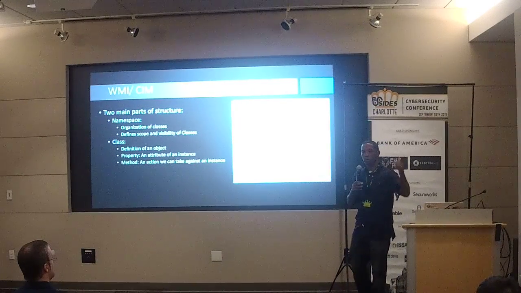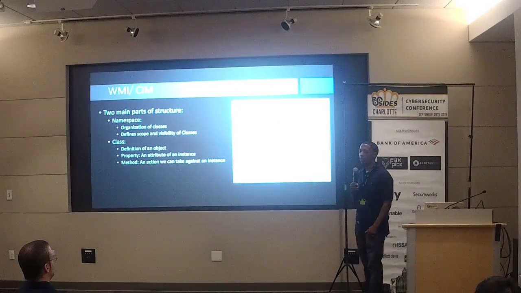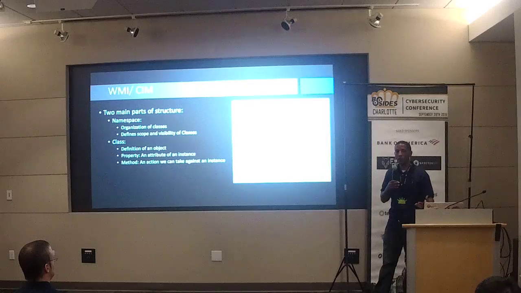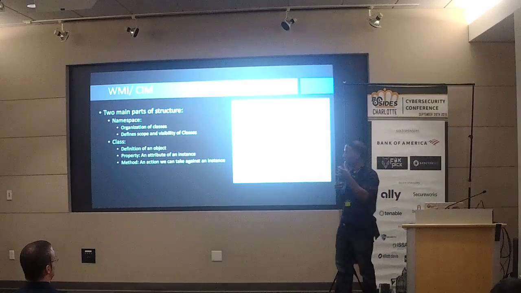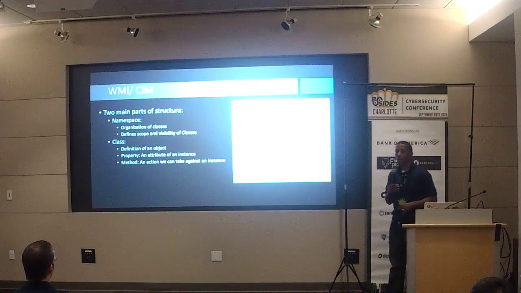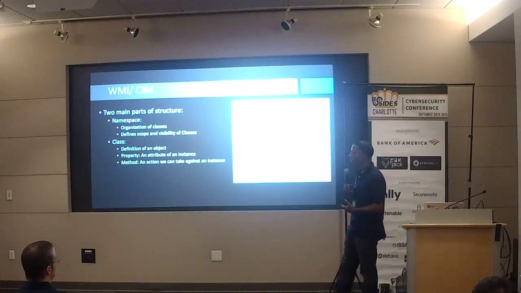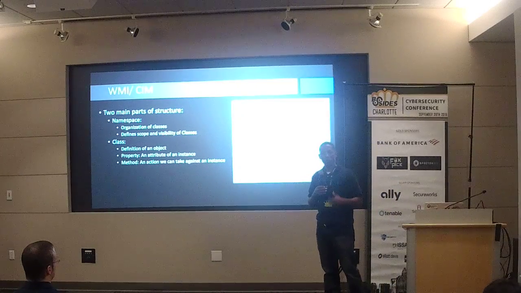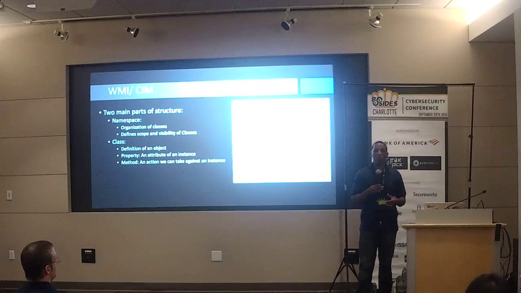Maybe that namespace would have processes, services, the ability to read environment variables, or a number of other things. So namespaces are essentially buckets, and then the classes themselves actually allow us to get the information. The classes, though, have properties and methods. Properties are essentially attributes about something, and methods are actions that we can take.